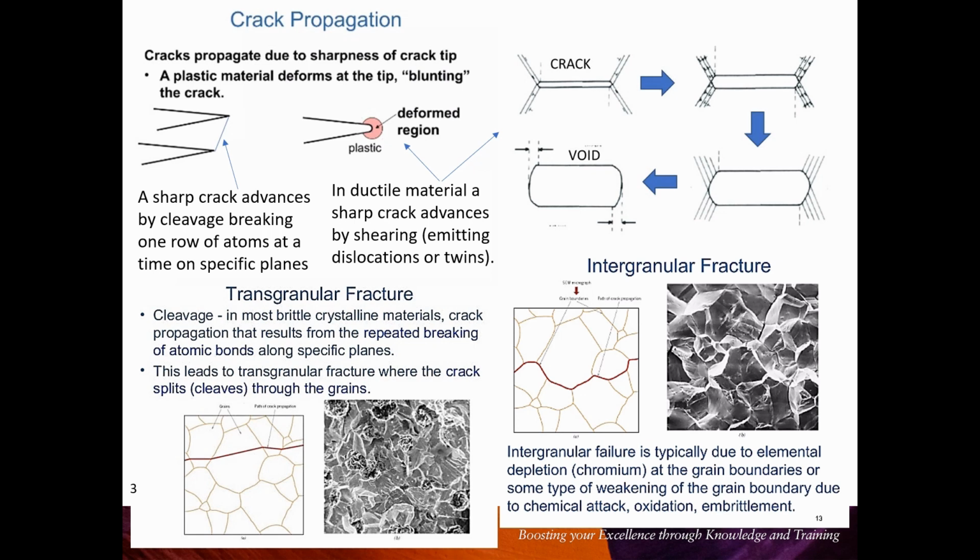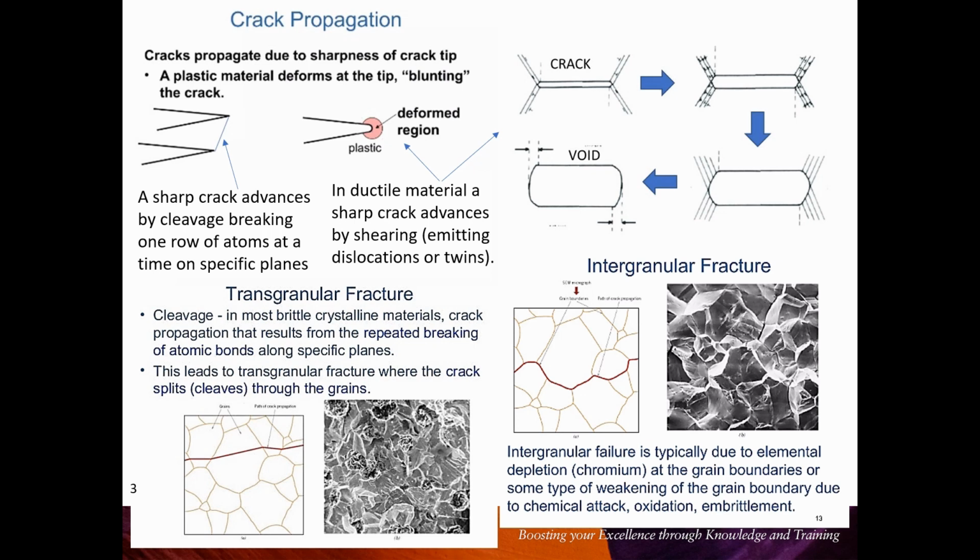With cleavage fracture, if you can maintain a very sharp crack, you only have to break the bonds along a line at the edge of the crack, and the crack can then advance just by breaking one set of bonds at a time. That leads to basically brittle fracture, and that only occurs when the material is not prone to ductile deformation.